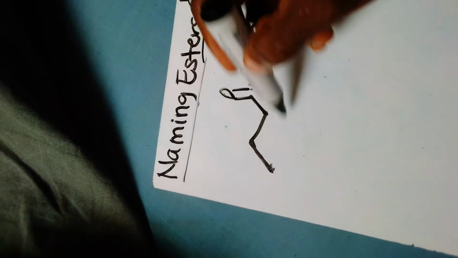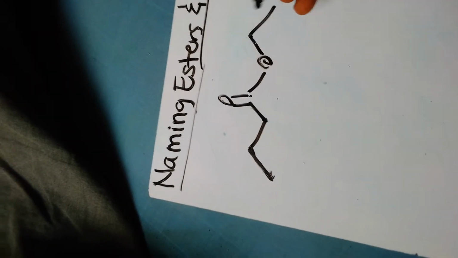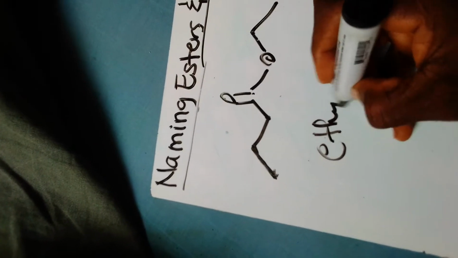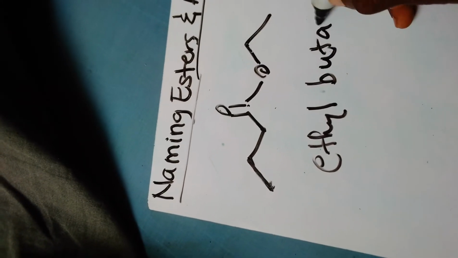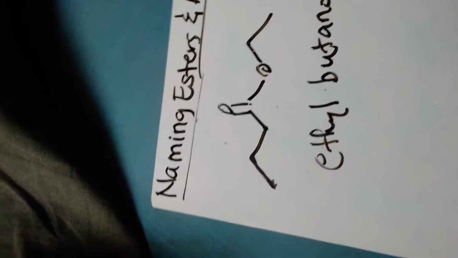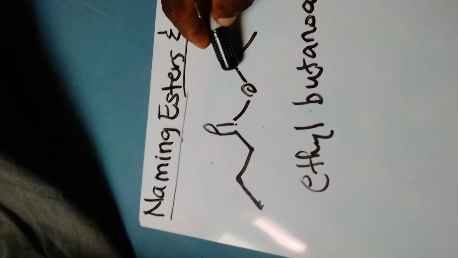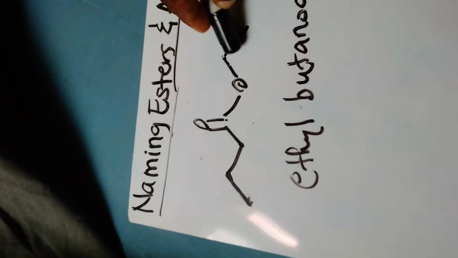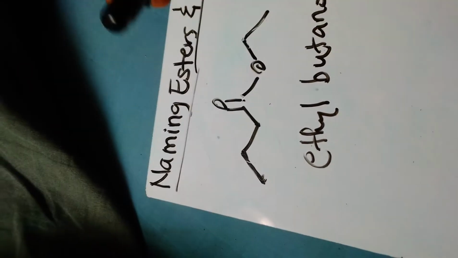So butanoic acid and ethanol, when they react, produce an ester called ethyl butanoate, from the fact that this side from the alcohol is the ethyl, whereas this side is from butanoic acid.